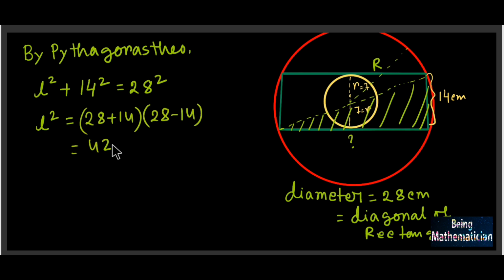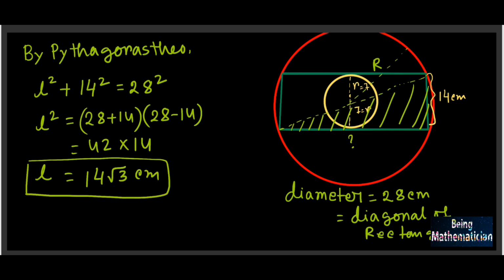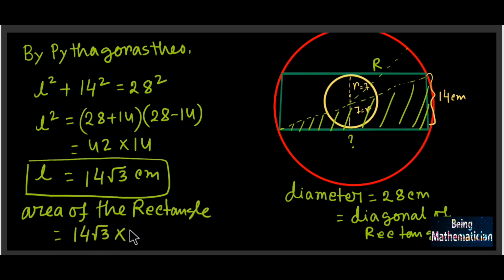So it is 42 into 14. So L is clearly 14 root 3 centimeter. So the area of the rectangle is length into breadth is 14 root 3 into 14. So now it is 196 root 3 centimeter square. And it is our answer.